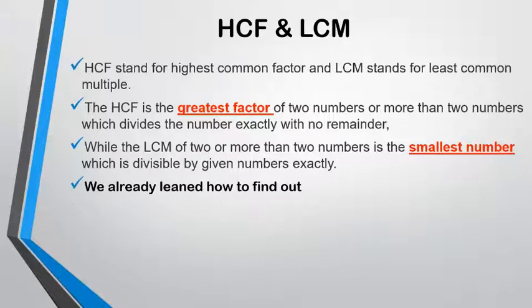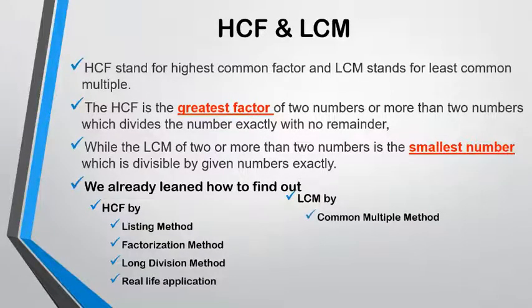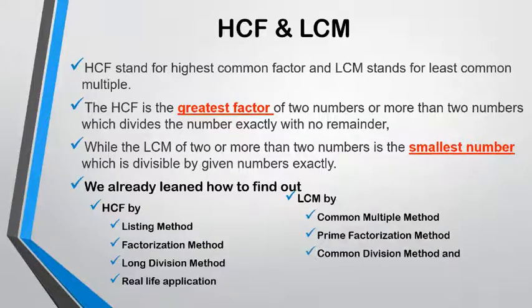We already learned how to find HCF by the listing method, factorization method, long division method, and real life applications. LCM by the common multiple method, prime factorization method, common division method, and real life applications.